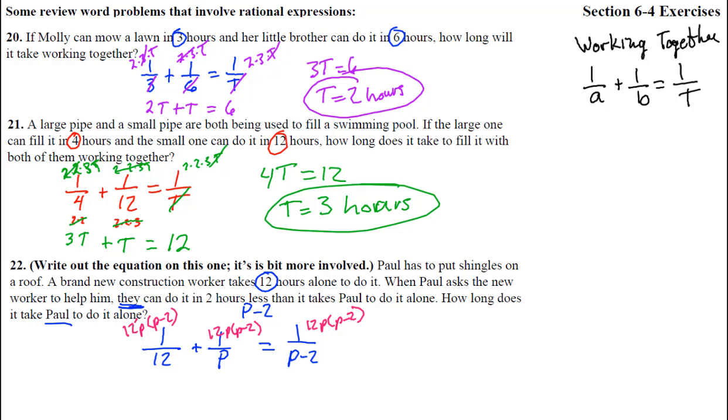Okay, what cancels? 12 cancels here. We're left with P squared minus 2P. Over here, the P cancels. We're left with 12 times P minus 2. So that's plus 12P minus 24. Okay, equals, look, we might end up with a polynomial here. Over here, the P minus 2 cancels, and we're left with 12P.